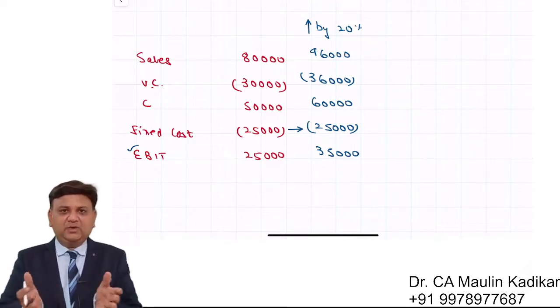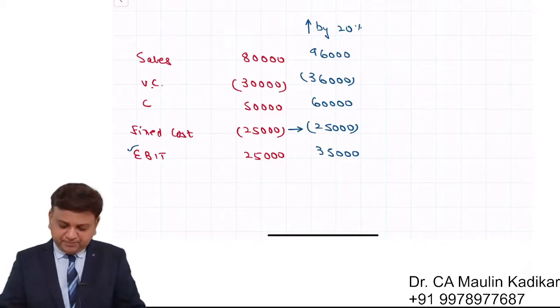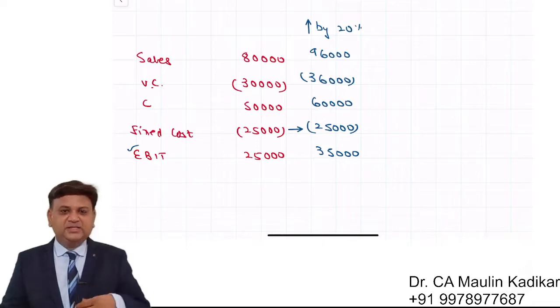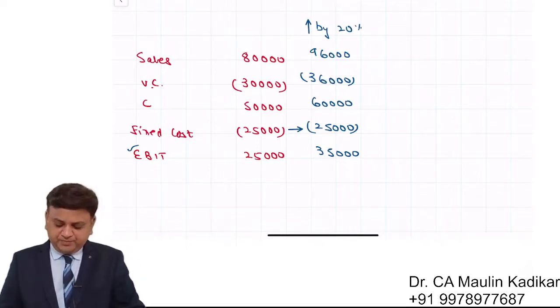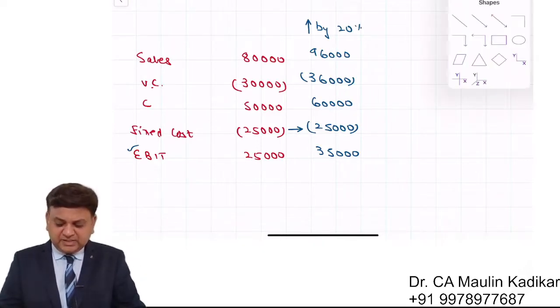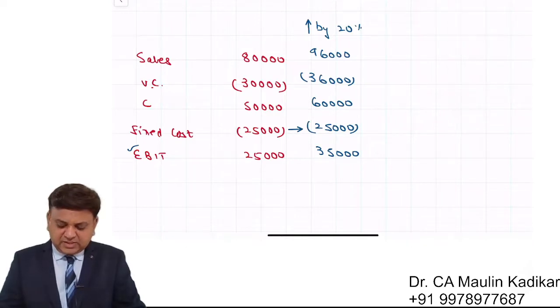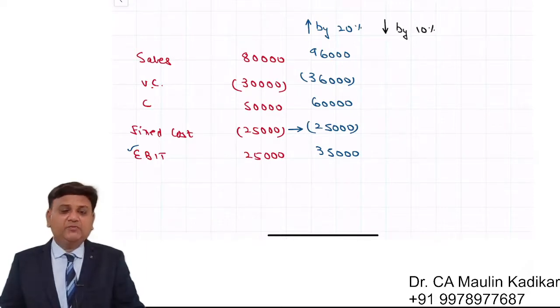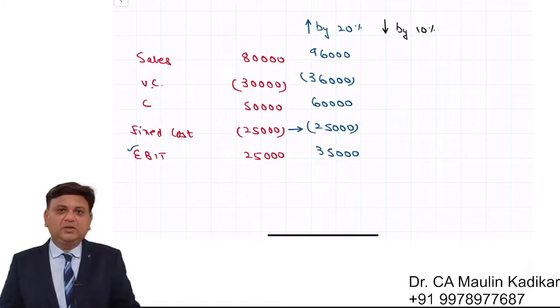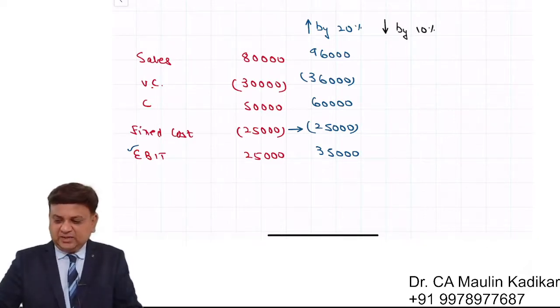At the same time, the meeting is still going on. One director is asking you a question: instead of an increase in the sales, suppose there is a drop in the sales by 10 percent. Then in that case, what would be the operating income? What would be your answer? It is 80,000 minus 10 percent.